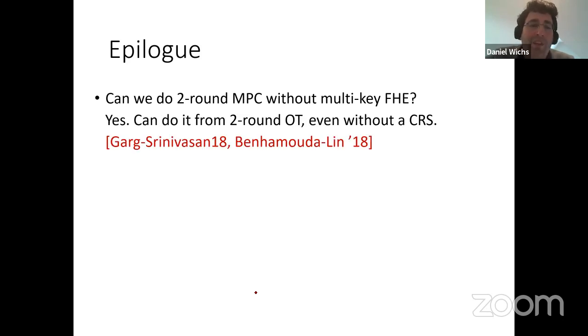And indeed, it was shown that you can do 2-round MPC without multi-key FHE. There's a really beautiful work by Garg and Srinivasan and Benhamouda and Lin that shows how to use 2-round OT to get 2-round MPC, and you can do this even in the plain model, without a CRS, without a common reference string.